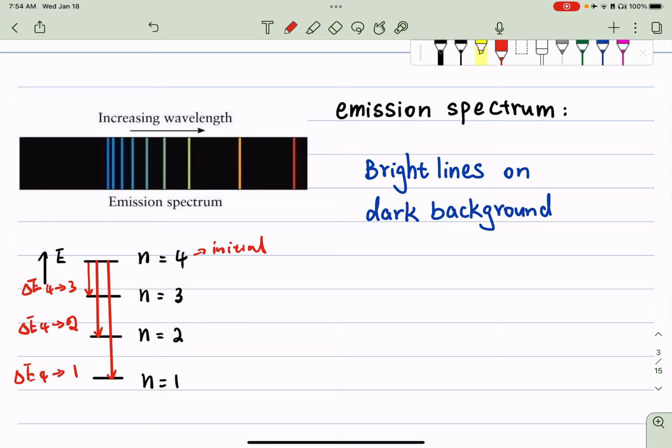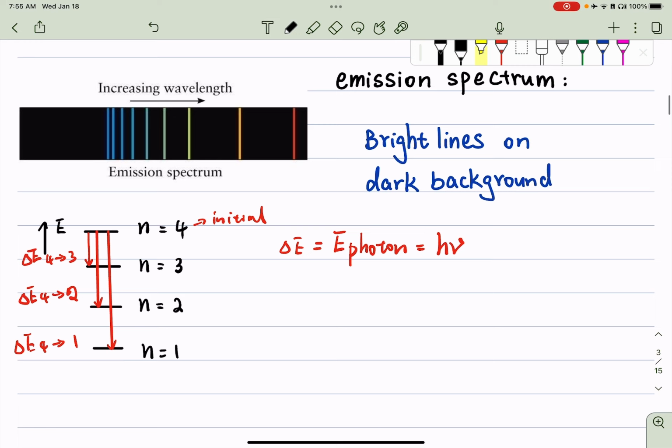Each of these delta E equals E photon equals h mu. So for each of these transitions, you're releasing one photon, and the energy of that photon gives you the frequency of the light being released.